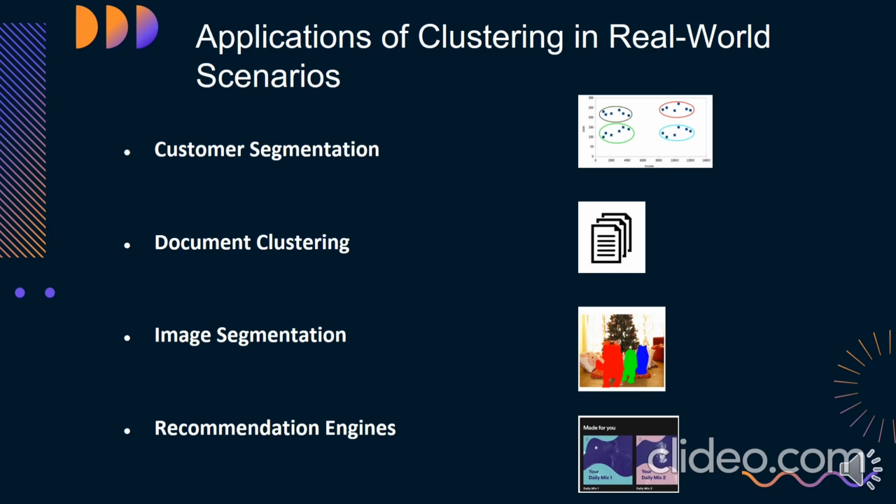This strategy is across the industry verticals, such as telecom, pharmaceuticals, e-commerce, restaurants, etc. Clustering also helps in segmenting similar documents using their properties. We can also use clustering to perform image segmentation, where we try to club similar pixels in the images together. And finally, clustering can also be used in recommendation engines.